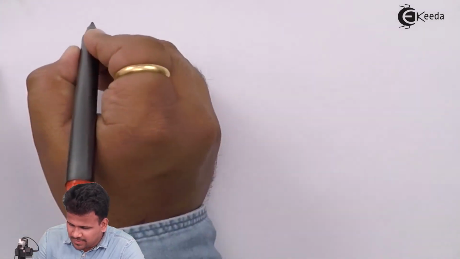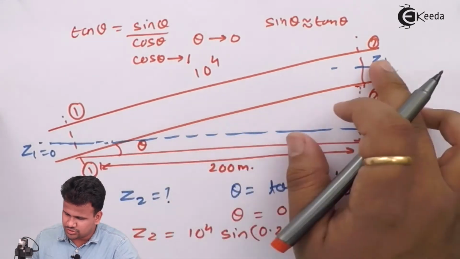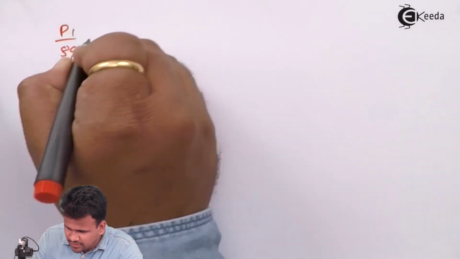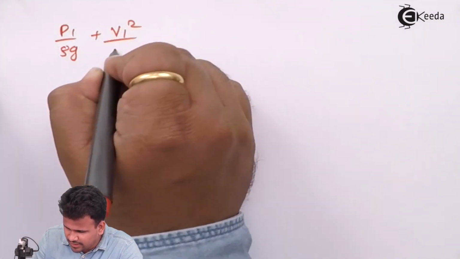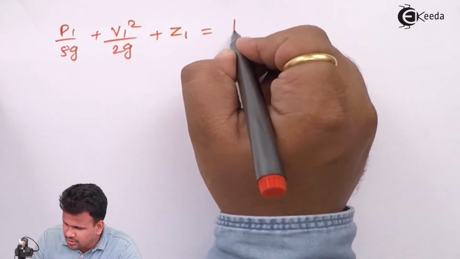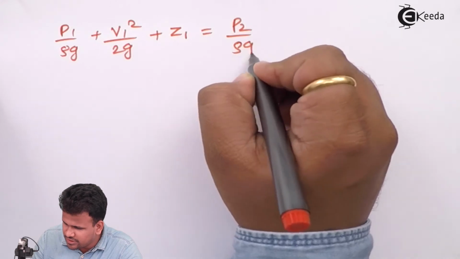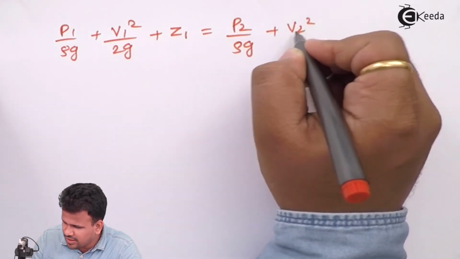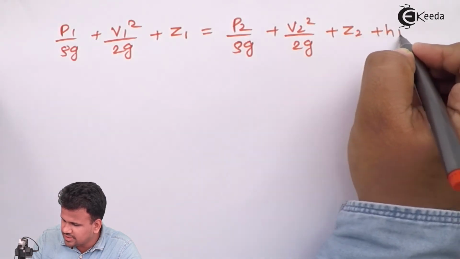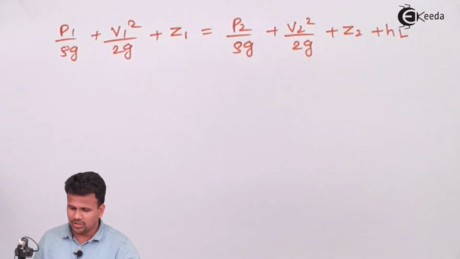Let us apply Bernoulli's equation between section 1-1 and section 2-2. So we get P1 upon rho g plus V1 squared by 2g plus Z1 is equal to P2 upon rho g plus V2 squared by 2g plus Z2 plus the head loss.